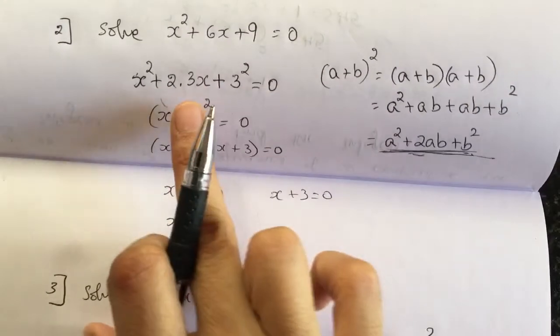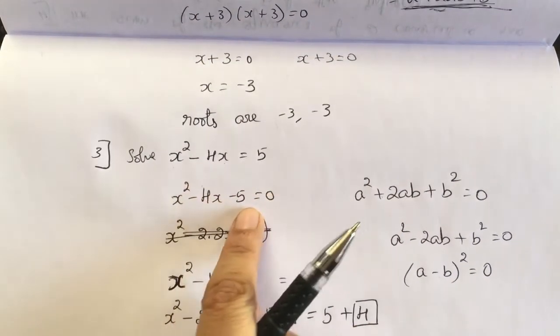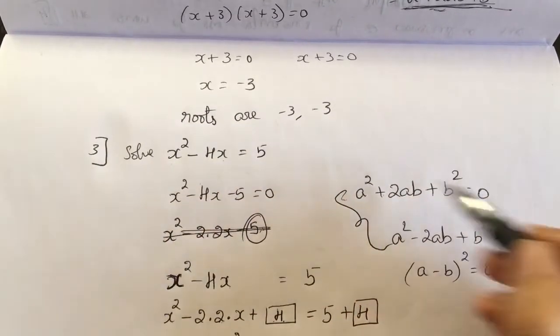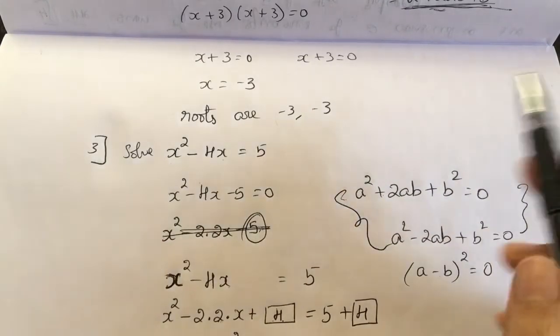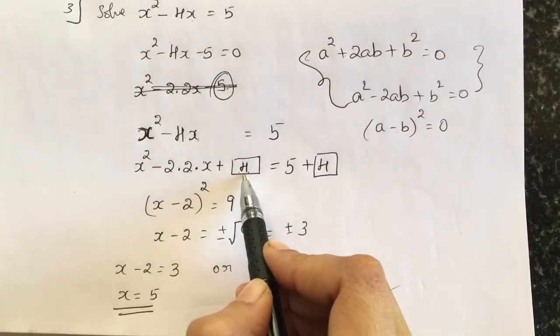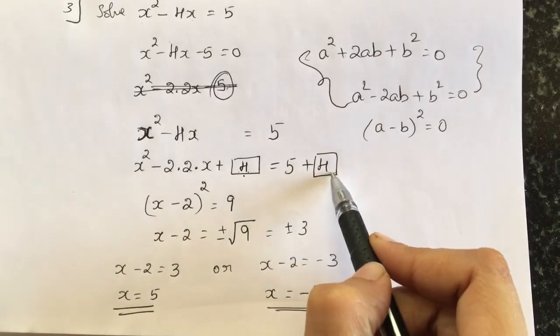This is a quite different problem. This was direct and this was quite indirect. So you have to check. You rewrite the equation to see whether you can get it in this form, then no problem. If you cannot, then try to add b square. Once you add to the left hand side, of course you need to add to the right hand side.